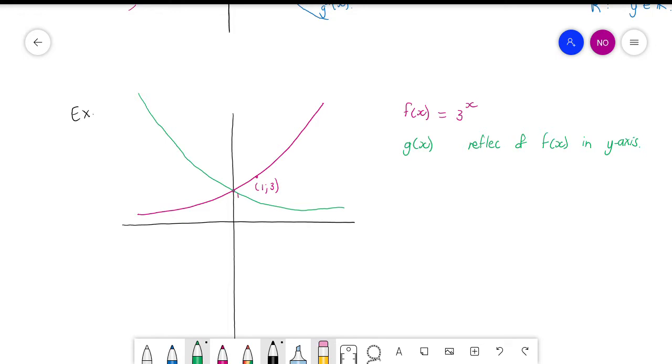And this point will become -1 and 3. Must I go there again?